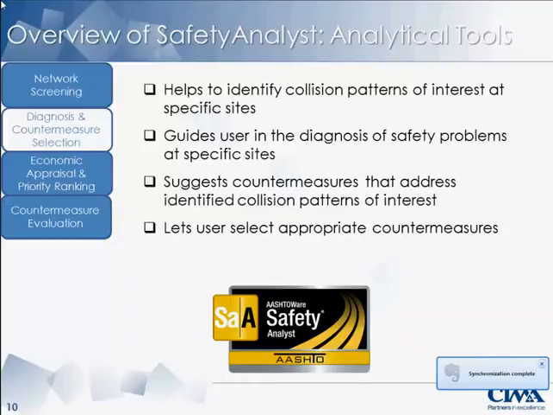And the other tool that you have in safety analyst is there are some diagnosis scenarios, and based on the collision patterns, different scenarios are presented to the user, and user answers questions. I'll show you a couple of them. And based on those answers you provide to the software, it gives you some potential countermeasures that you need to verify with your site visit. Let's go to them. Okay.